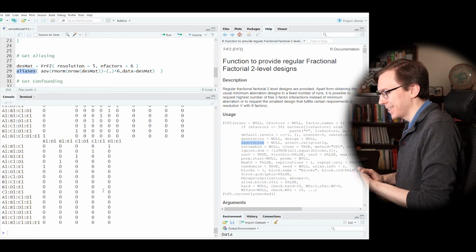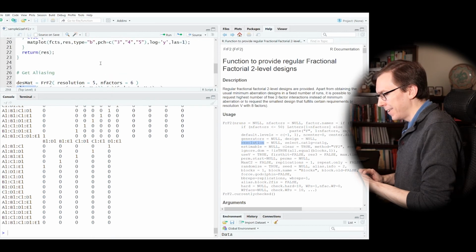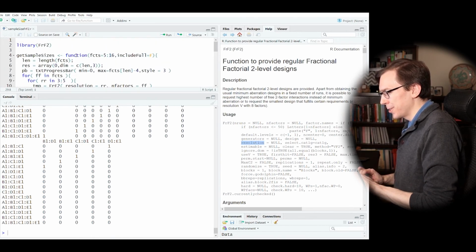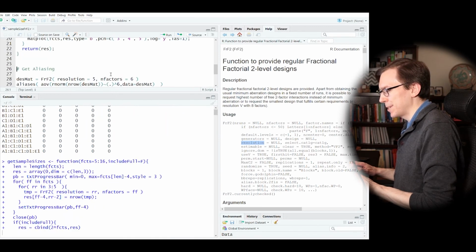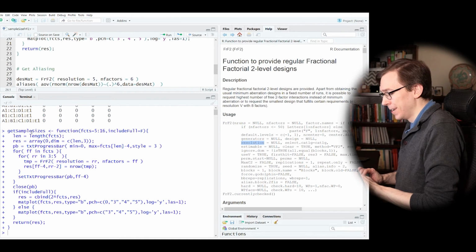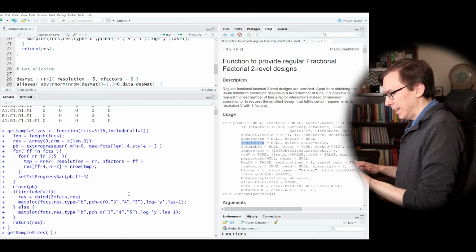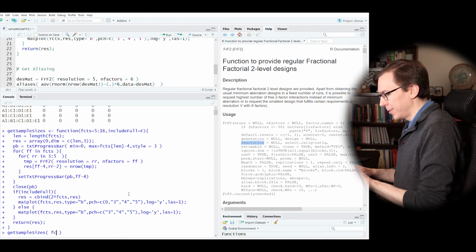It's really nice to be able to plot everything out here for you. Now, what I also wrote is this neat little function, which is going to calculate the sample sizes based on the resolution. I can give it the number of factors in my design.